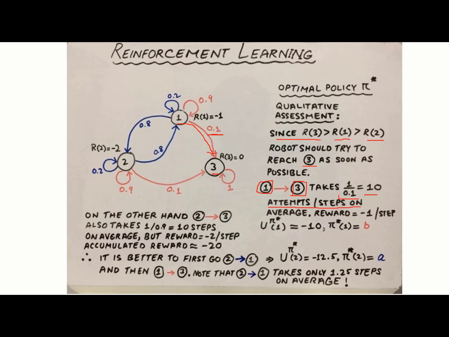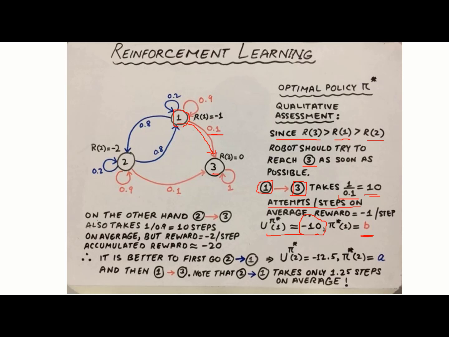During those 10 attempts, on average, you will fall back on state 1 where the reward is -1. So one can expect the expected accumulated reward in state 1 to be -10. And quite naturally, the optimal action will be to take action B.